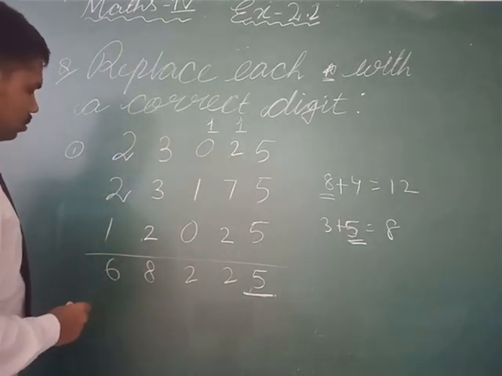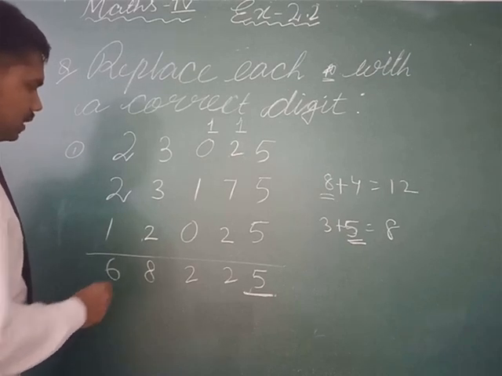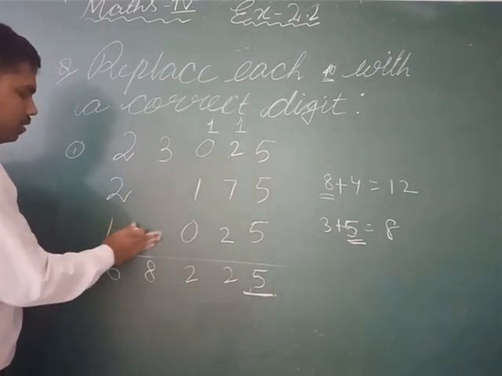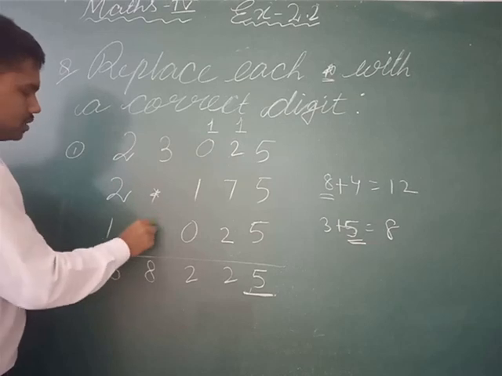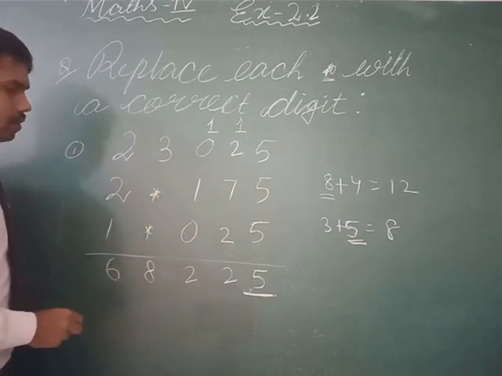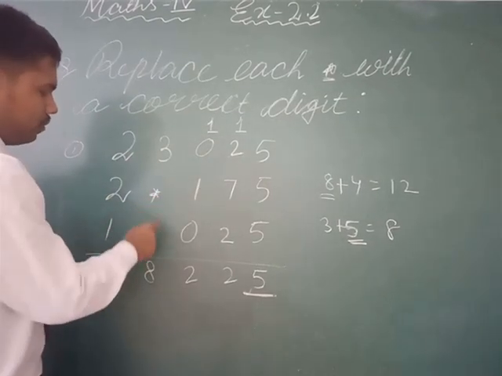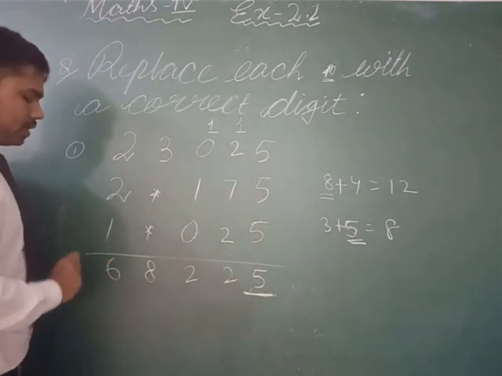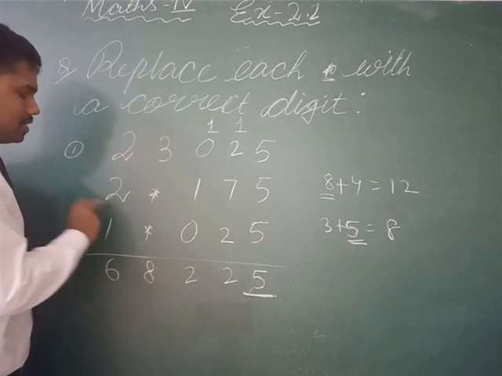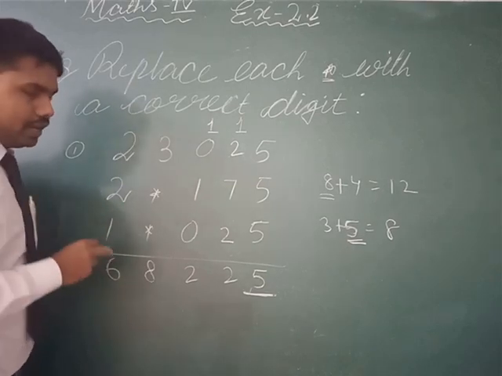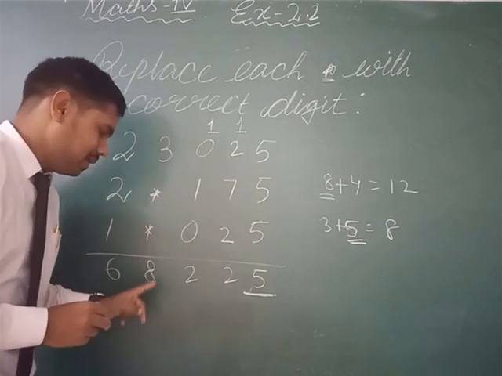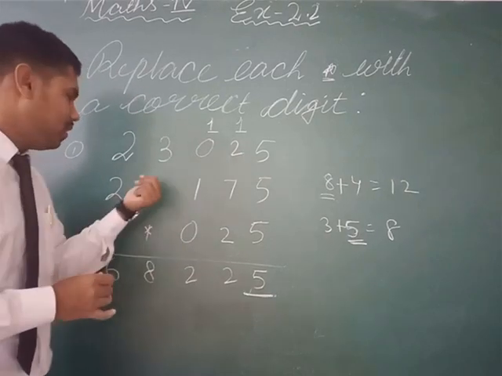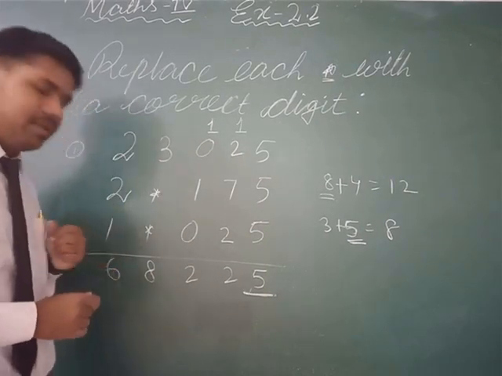Here also the problem is here. Why? Because see, if you write here 5, then here it will not come 6. So we need to check this one also. So we need to do the sum here in such a way that 1 gets carried here and this sum becomes 6 also.